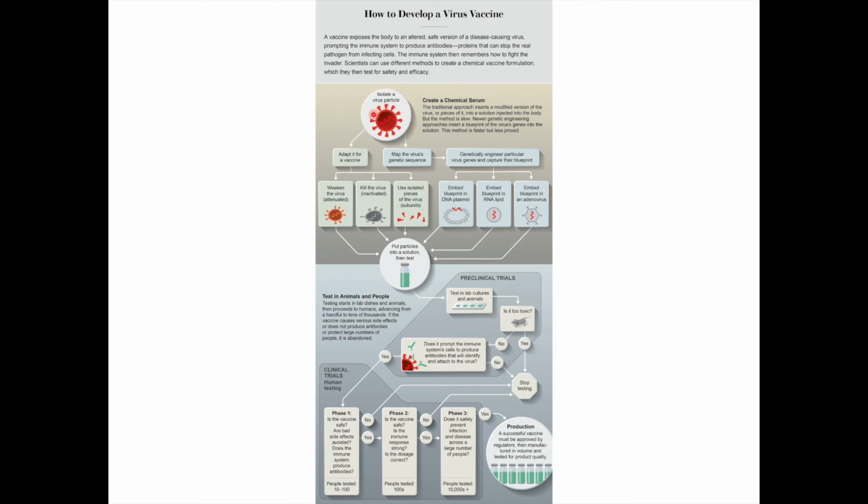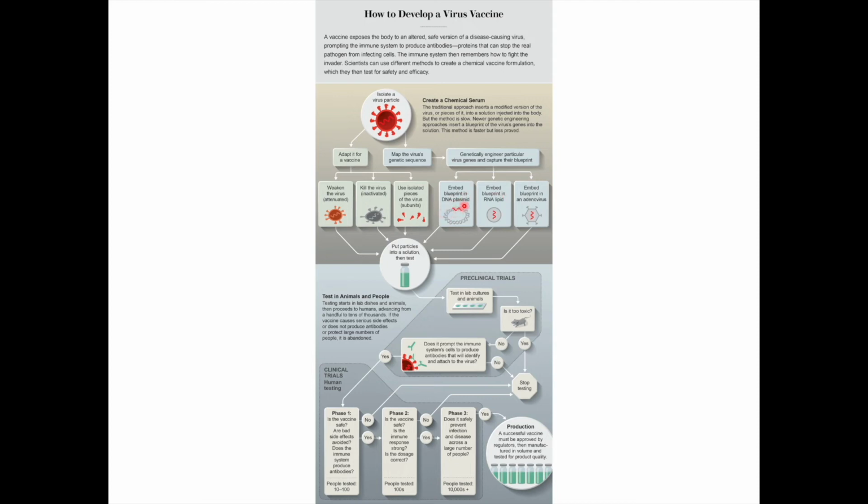Antigens are special proteins that can be found at the surface of the pathogen. In this case, this is a virus, so this virus has a protein located at its surface. Aside from that, they could also put in genetically engineered virus genes and capture their blueprint.